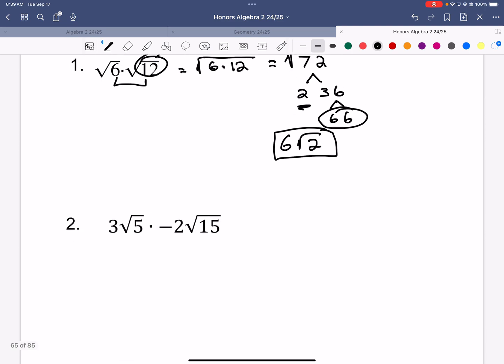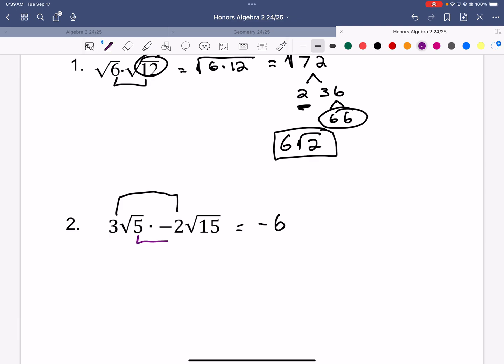So if we look at the second example. Second example has 3 radical 5 times negative 2 radical 15. So I've got stuff on both the outside and underneath. If I multiply the outside times the outside, 3 times negative 2, that's negative 6.